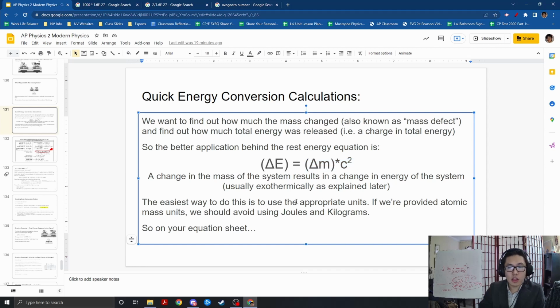So then, in order to do this, though, we have to be very, very careful about our units. We have to make sure that our units and our constants are being measured in comparable units. So for example, if you use kilograms, you're going to get joules, or if you use atomic mass units, a lot of the conversion numbers we're about to go into will get you electron volts, all right?